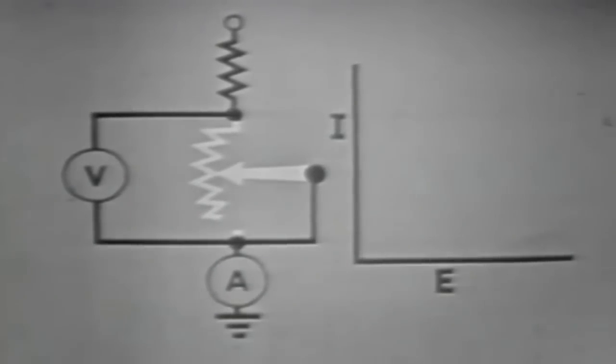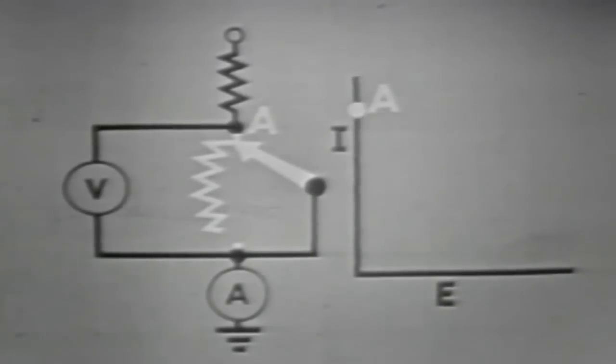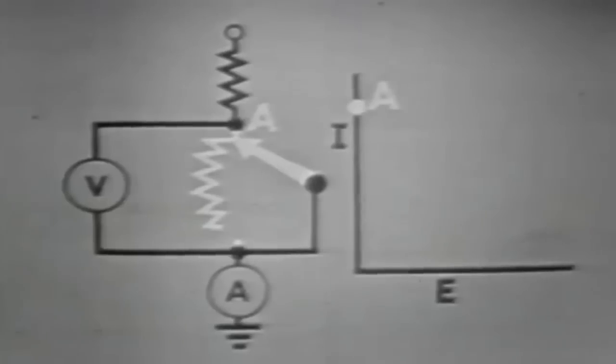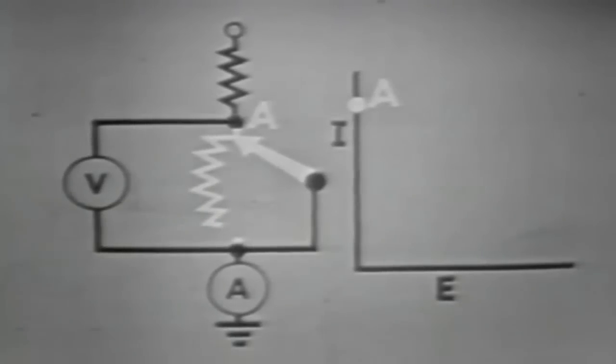As the resistance is varied, we'll put current and voltage on a graph. With the resistor adjusted to 0 ohms at position A, the current is maximum and the voltage across the variable resistor is 0. This is one of the limits of the circuit.